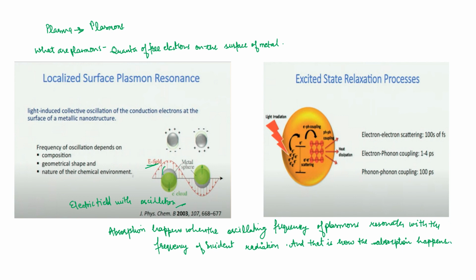Now, this is the localized surface plasmon resonance. They have denoted it in the form of these spheres.